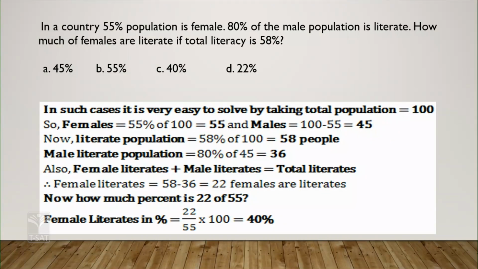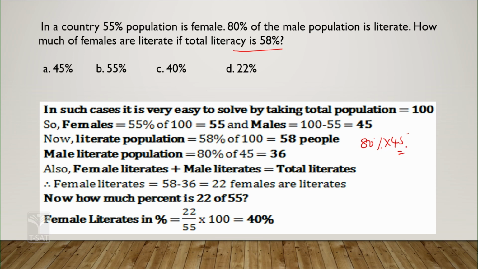Very simple. We don't know the total population, say 100. Then female percentage is 55%. Then male percentage is 100 minus 55, which is 45. Clear? The literate population: 58% of 100, it is given total literacy is 58%, means 58 people are literate. 80% of the male population is literate, means you have to calculate 80% of 45.